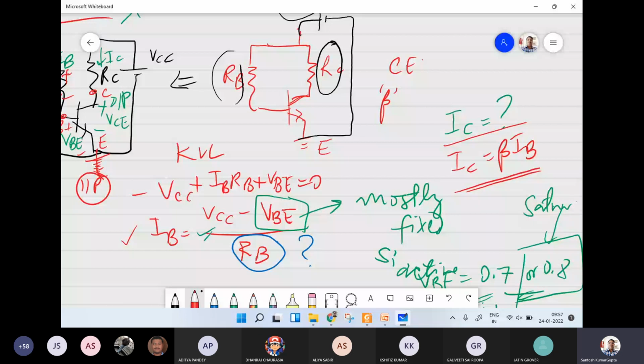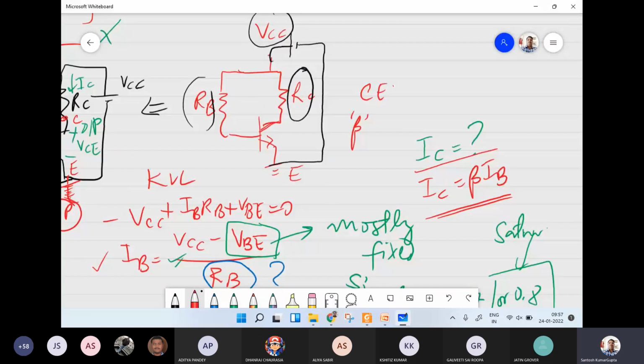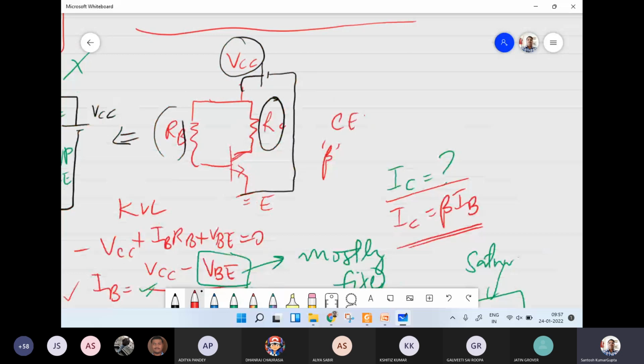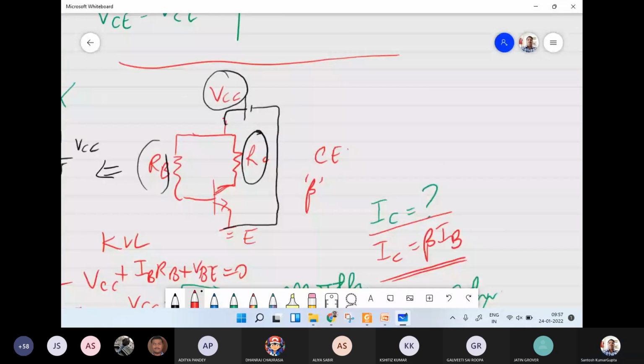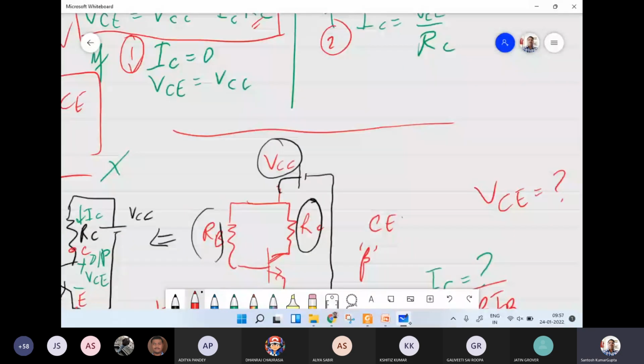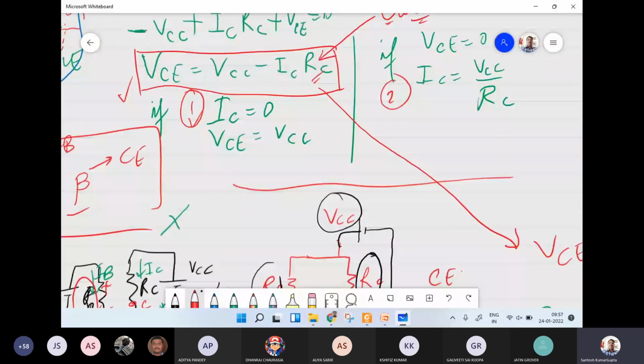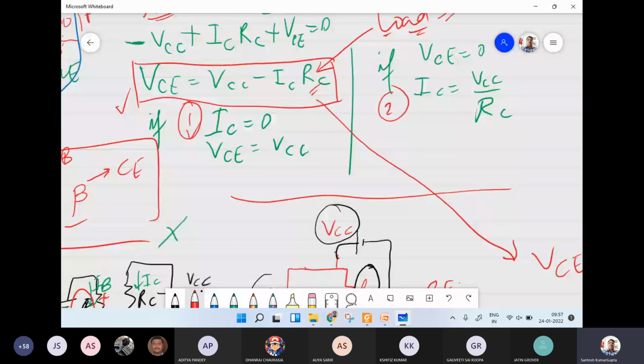And once one knows this value of IC, one can find out this VCE. How can one find out the VCE? The equation for VCE is written over here. Okay, so the VCE equation is here. So VCC minus IC into RC. So IC is known to us.